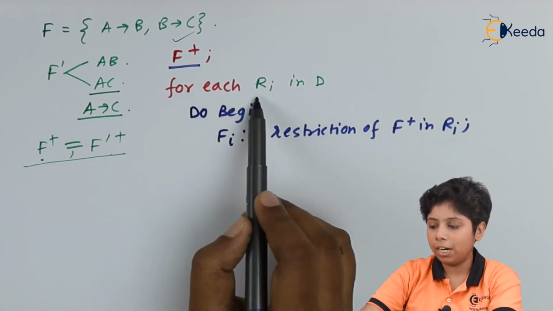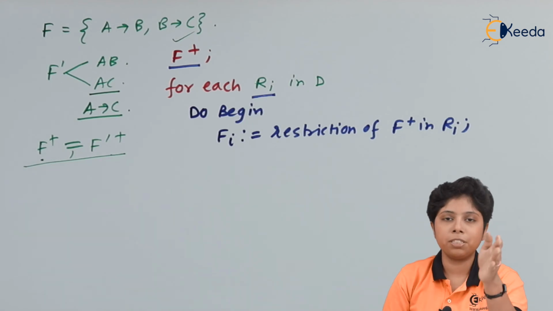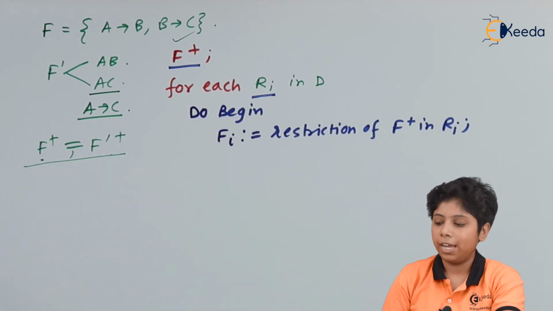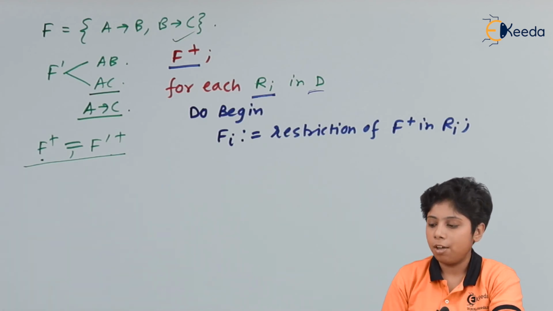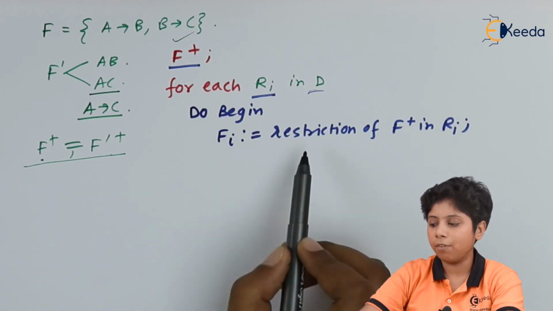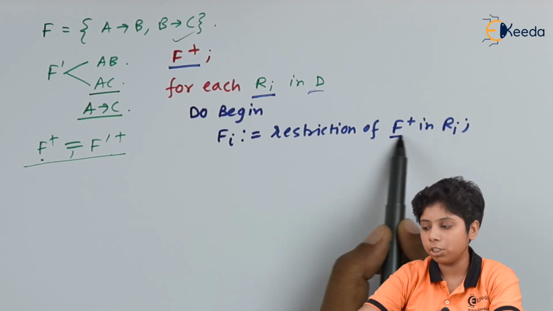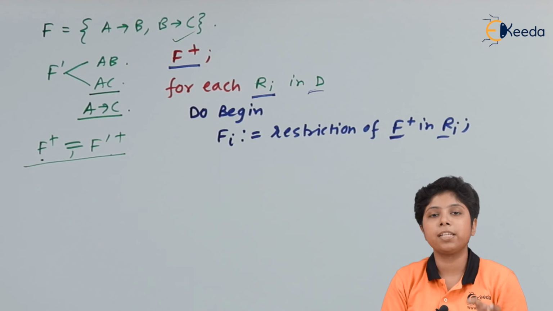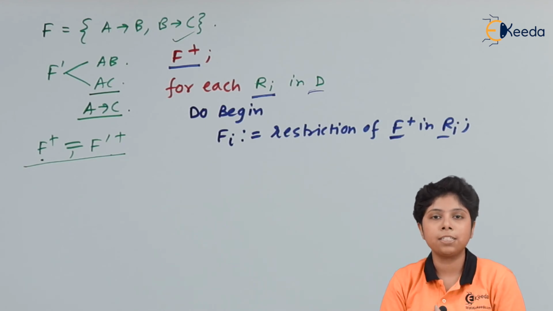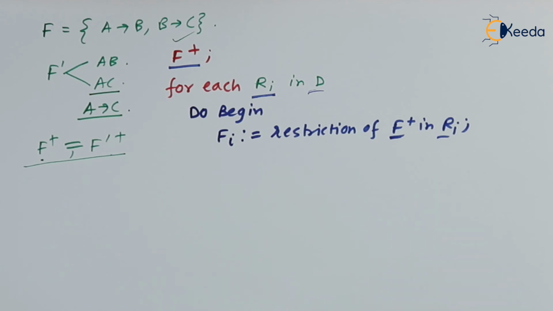We take Ri, that means R1, R2 to Rn, in D, the resultant set. Then for every Ri, we compute the restriction of F plus to Ri, that is, any dependency that is matching or missing from Ri.